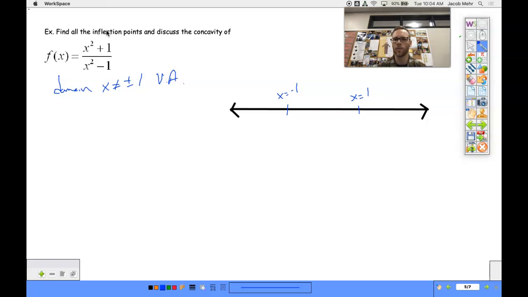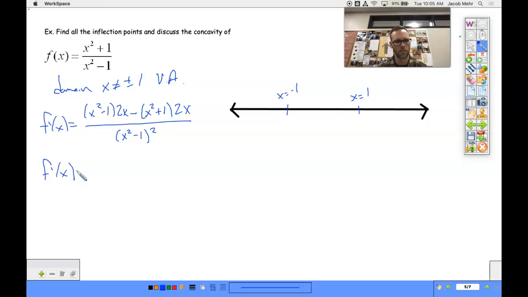All right, now let's find the inflection points. So first derivative. Bottom d top minus top d bottom over bottom squared. 2x cubed minus 2x minus 2x cubed minus 2x.